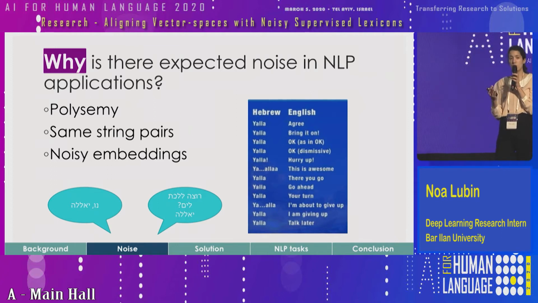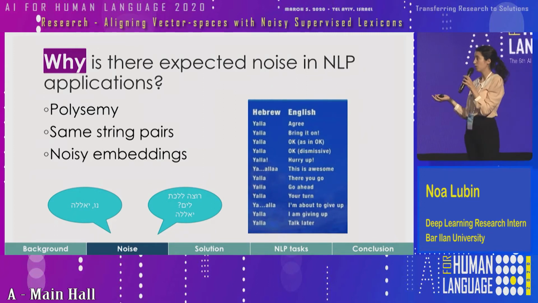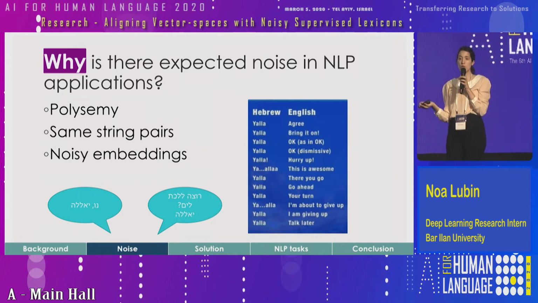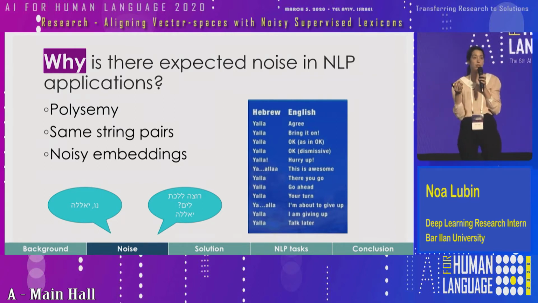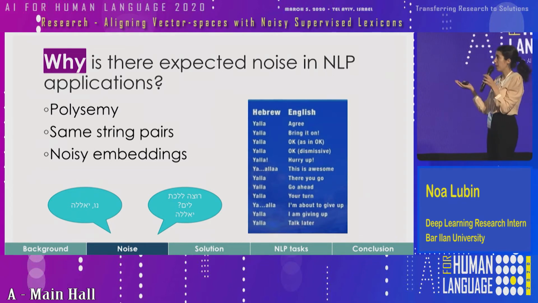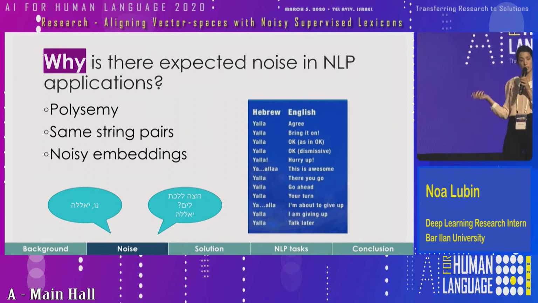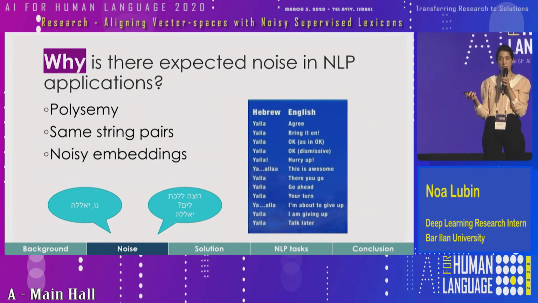Therefore, the translation of the word new to new might appear in the lexicon. The third reason is the embeddings themselves. We use these methods usually for very low resource languages, languages that we don't have a lot of text or labeled data for. The embeddings themselves can be trained on very small data and therefore contain a lot of noise. These are the three reasons I expected to find noise, and we will see it in the real world experiments.